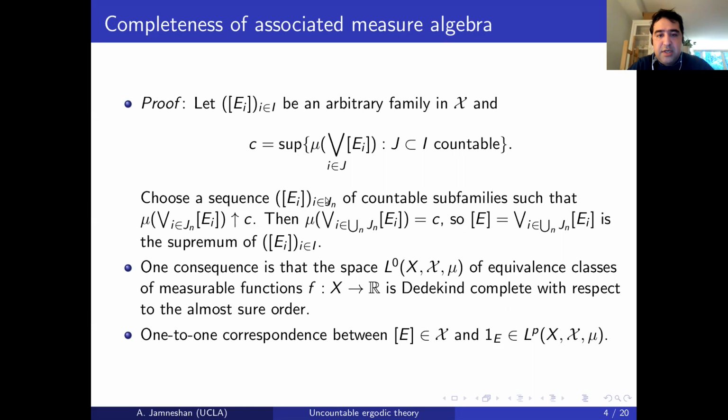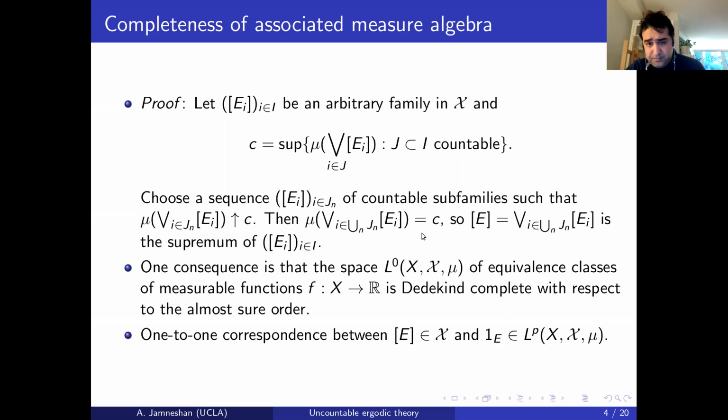Okay, so we choose a sequence of countable subfamilies such that the measure of their unions approximates C from below. So now if we take the union of all those countable families, this is still countable. And the measure of that union must be C. Otherwise, by contradiction, one can find one more element which one can add to that family.